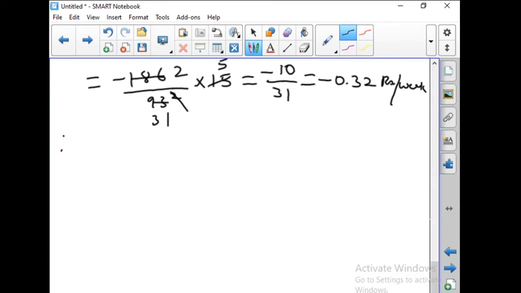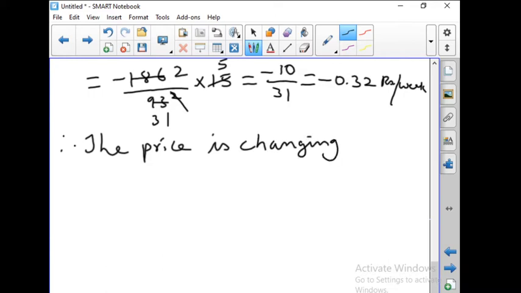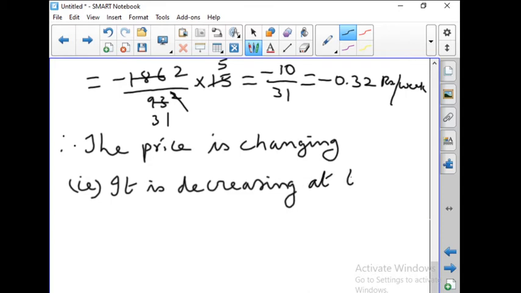So the price is decreasing, because we are having minus, we write it as decreasing at the rate of 0.32 rupees per week.